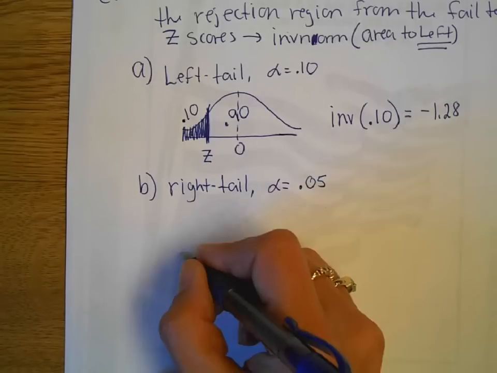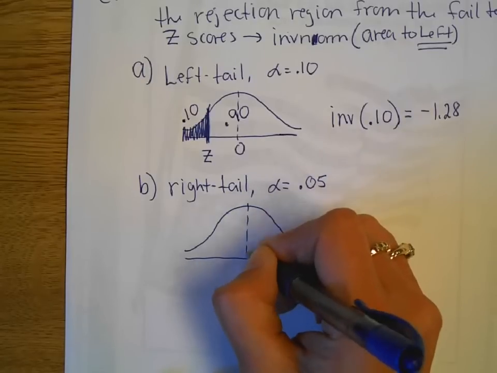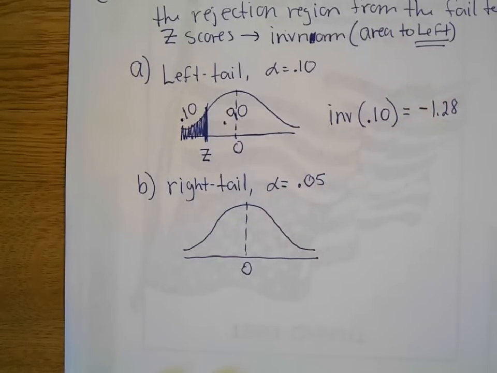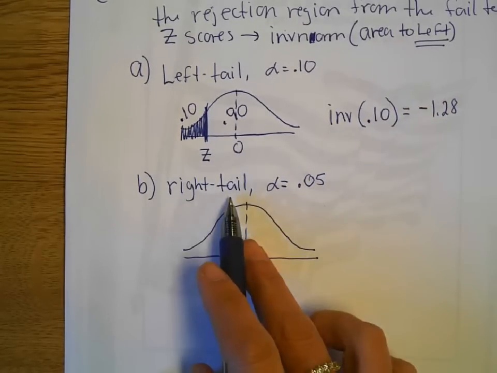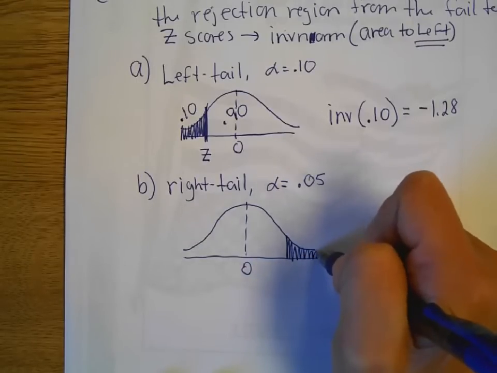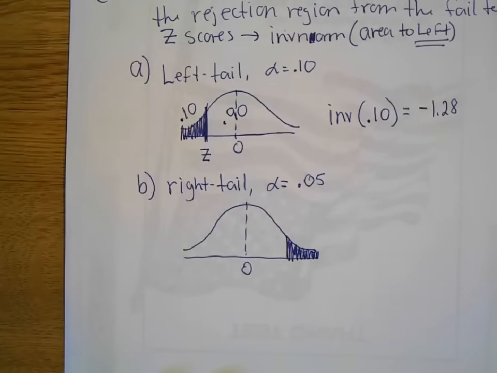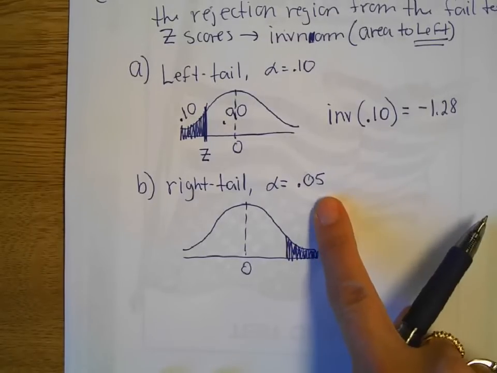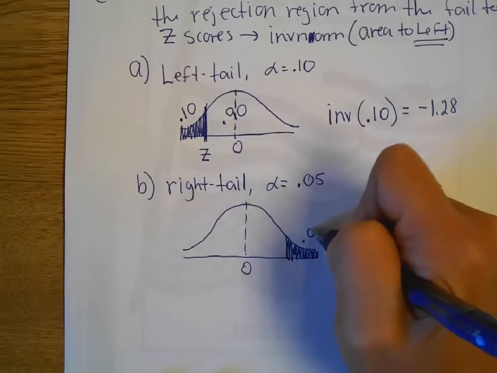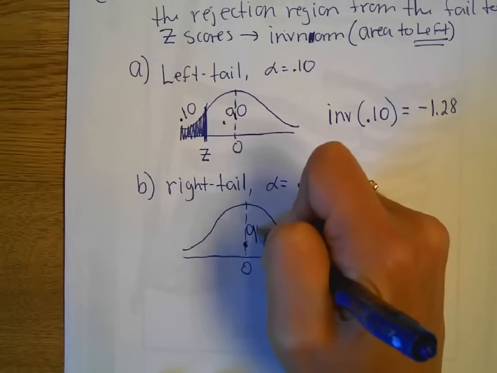So normal curve, 0 in the middle. Right tail means my rejection region is on the right tail of the curve. The amount that's shaded is given by the alpha, 0.05, which means the unshaded is 0.95.